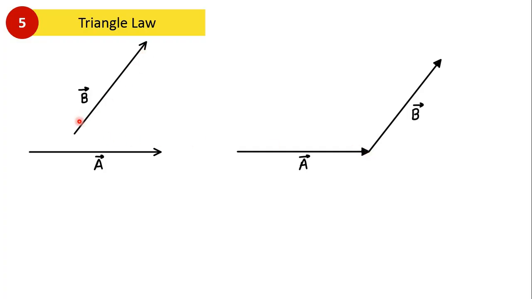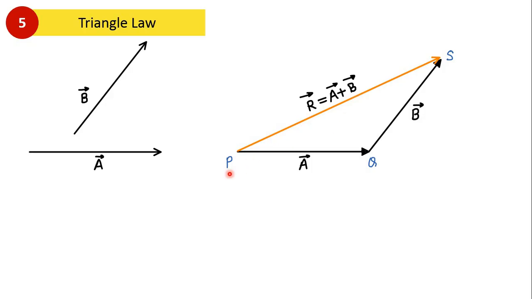You have to just transpose vector B in such a way that the tail of vector B comes to the head of vector A. After forming this figure, you join the vector from the tail of A to the head of B, and that is the resultant of the two vectors A and B. Since this forms a triangular figure, this law is known as the triangle law of vector addition. So the vector joining the tail of the first vector to the head of the second vector is the resultant R, which is the vector addition of A and B.